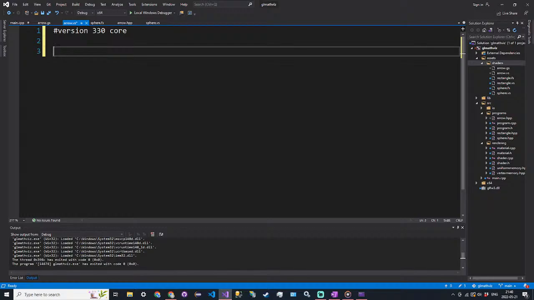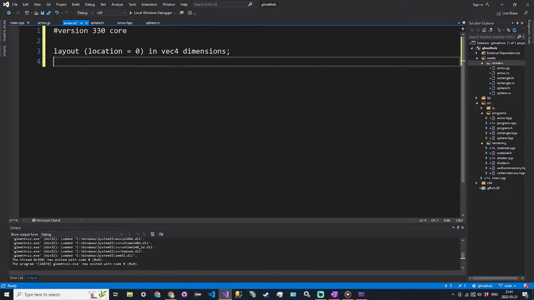All right. So we have our layout variables as specified by the VBO. The first one is layout location is equal to 0, in vec4 dimensions. Remember, these have the 4 dimension parameters. Then we have layout location is equal to 1, which is our model matrix, in mat4 model matrix.